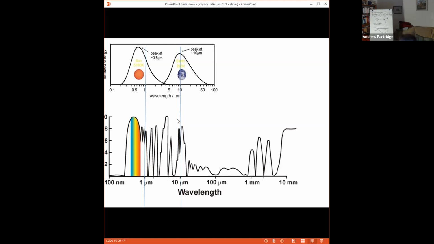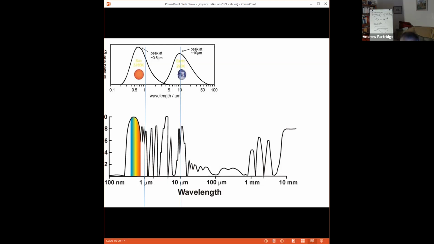So right up here means that pretty well all the radiation is getting through the atmosphere. This means that most of it's absorbed in the atmosphere. And you can see, therefore, that in this region a lot of what the Earth's surface gives out is absorbed in the atmosphere.